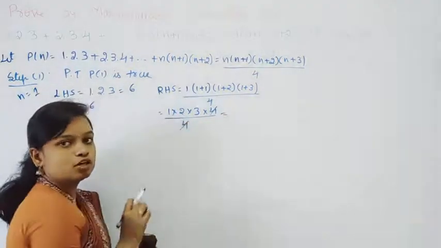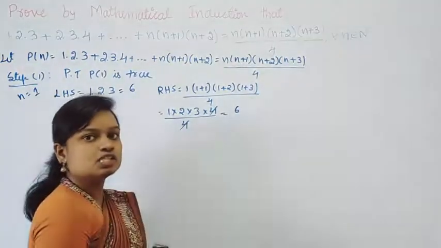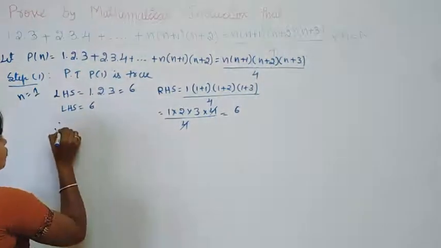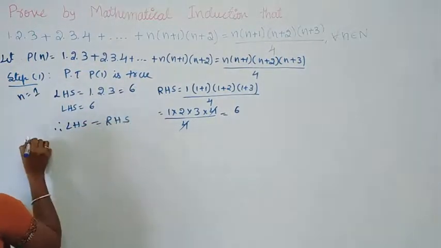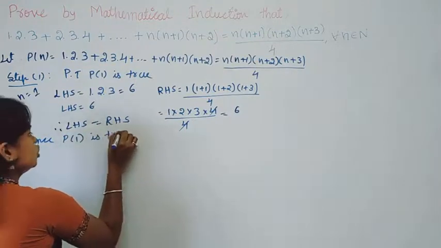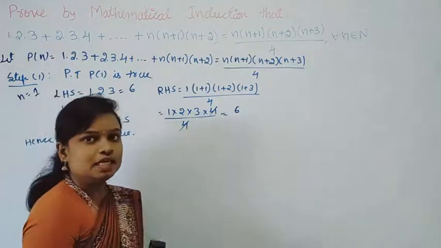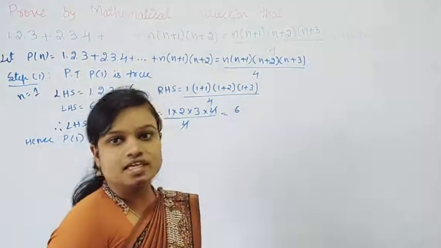So 1 2s are 2, 2 3s are 6. So both LHS and RHS are equal to 6. Therefore, LHS is equal to RHS. Hence, P of 1 is true. So the first step is completed, that is, we proved that P of 1 is true.